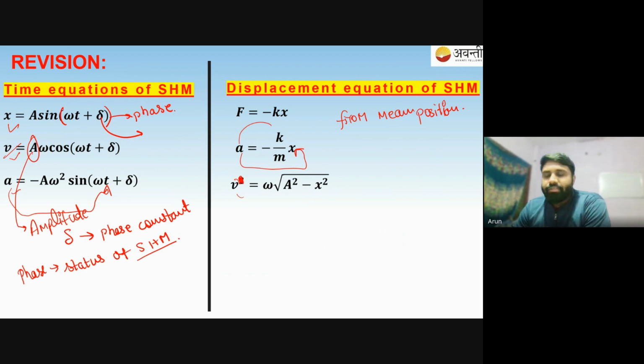The maximum that a body can go in to-and-fro motion about the mean position is termed the amplitude, and omega is the angular frequency of that particular SHM. So these are the relations in terms of time. If a time relation is asked or something about time is given, you will apply these formulas.